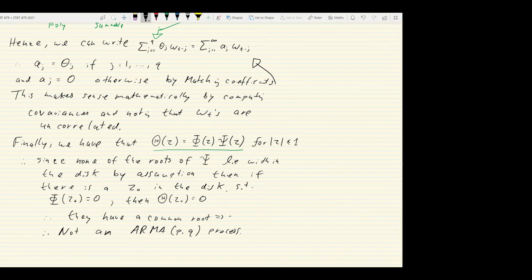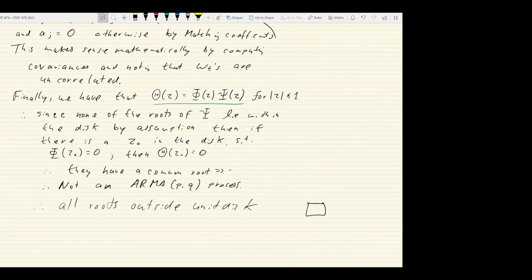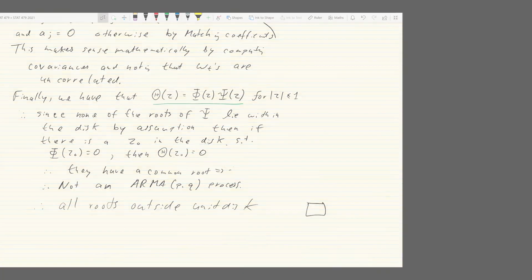And the only way that a root would exist within the unit disk is if there was a common root among theta and phi, and we would just cancel it out. Therefore, that's not the case. We'll say, therefore, all roots outside the unit disk. And we can put our little box there and be happy, QED.